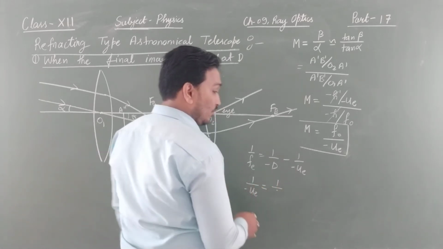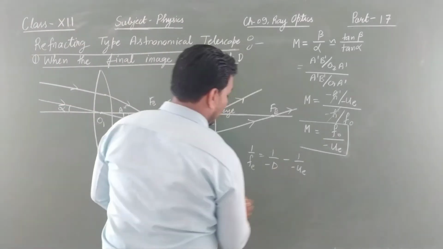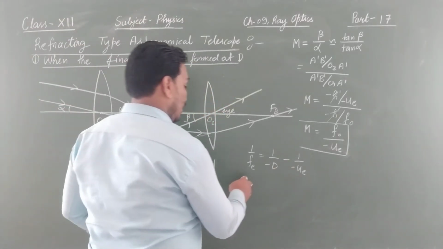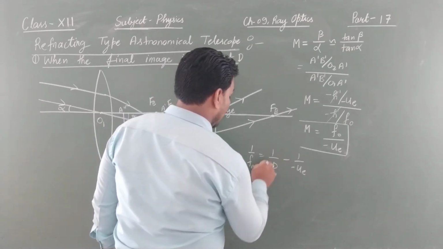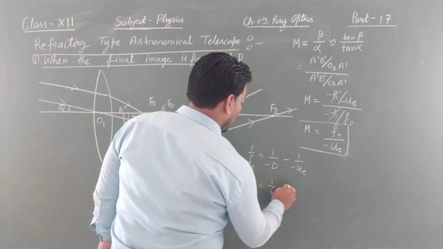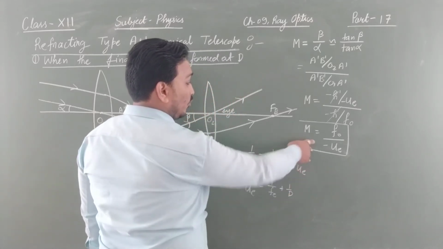Because this minus and minus will become plus, 1 upon UE is equal to 1 upon fE plus 1 upon D. So 1 upon UE is this much, we can put it over here.